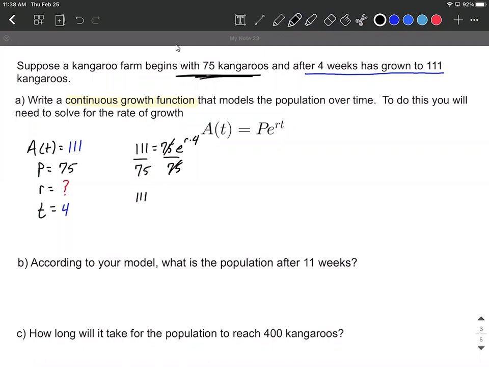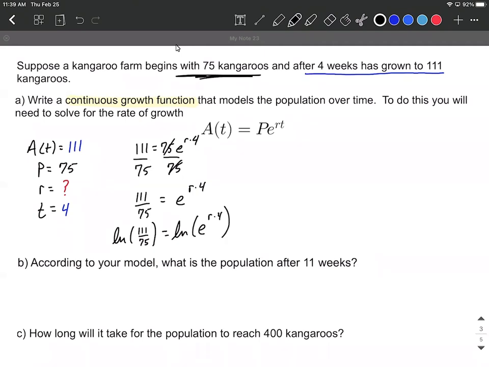So now we have 111 divided by 75 equals e raised to the r times 4 power. To get r out of the exponent, we'd like to get a logarithm involved. And because our base is e, let's apply a natural log to both sides. So natural log of 111 divided by 75 equals the natural log of e raised to the r times 4 power.